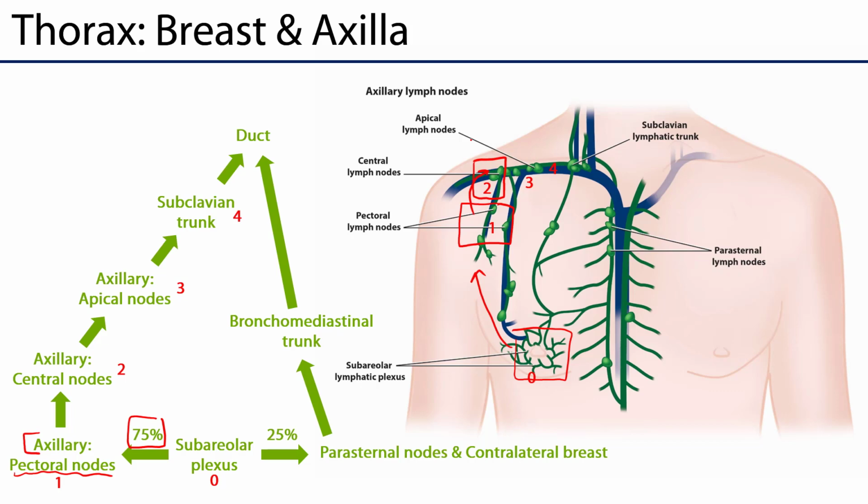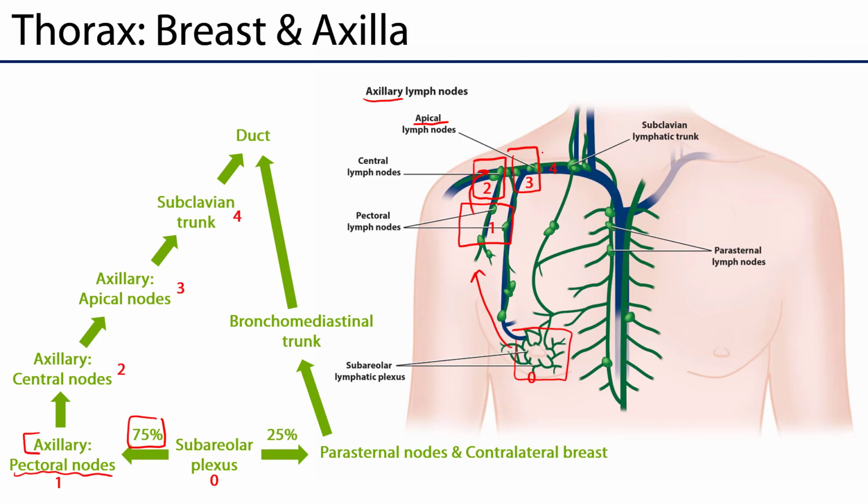And then from there, lymph will travel to the apical lymph nodes. They're named the apical lymph nodes because they're at the apex of the axilla. So all of the axillary lymph nodes feed into these apical lymph nodes.